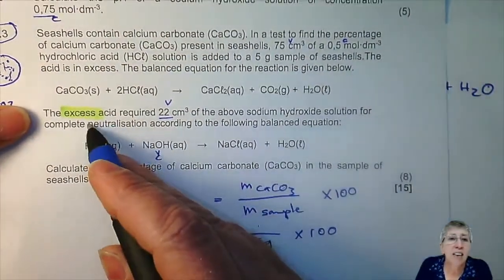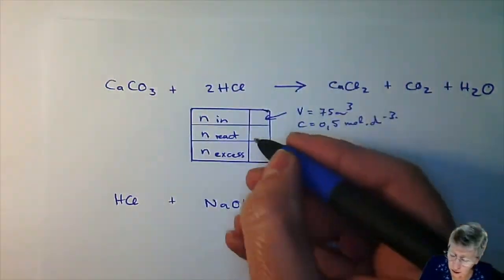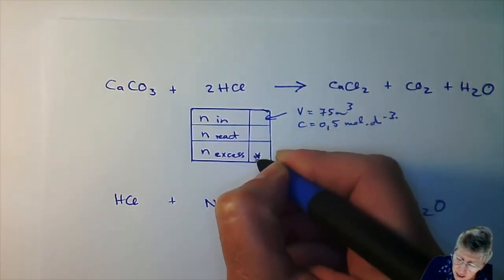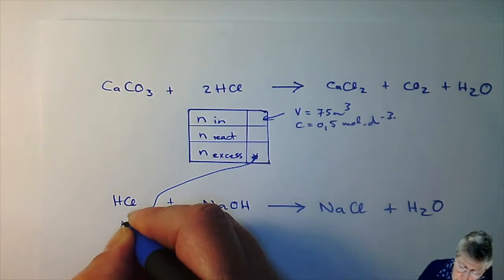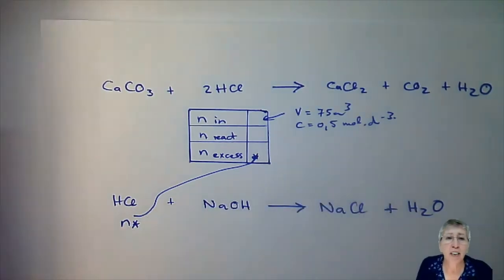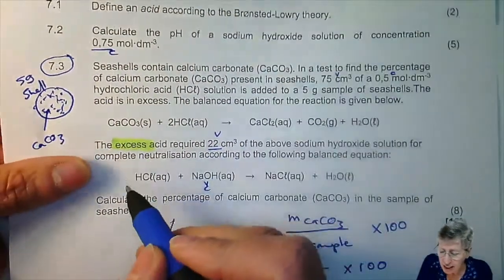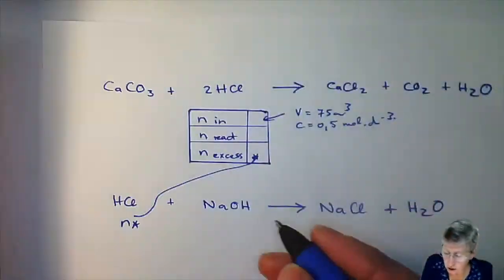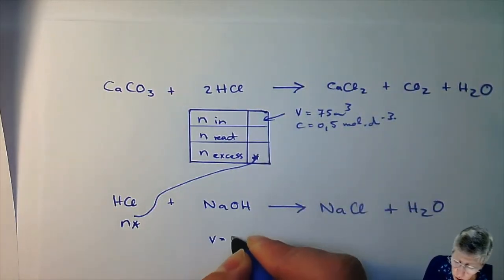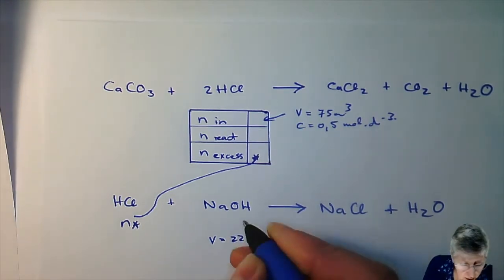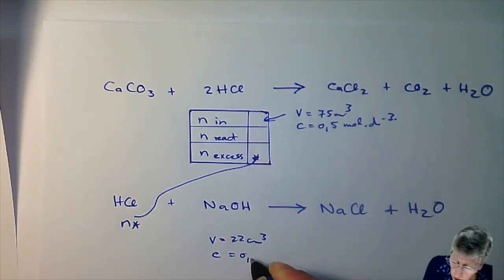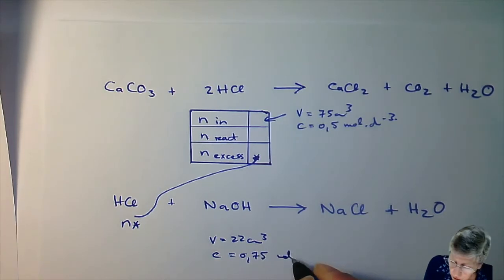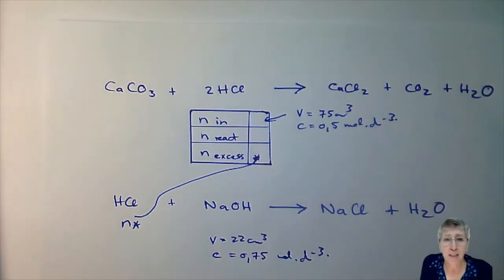And now they say the excess is written. Okay, so let's talk about the excess. The excess there will be used in the titration, right? And that excess requires 20 cube centimeters of that solution. So a volume of 22 cube centimeters and a concentration of 0.75 moles per cube decimeter.